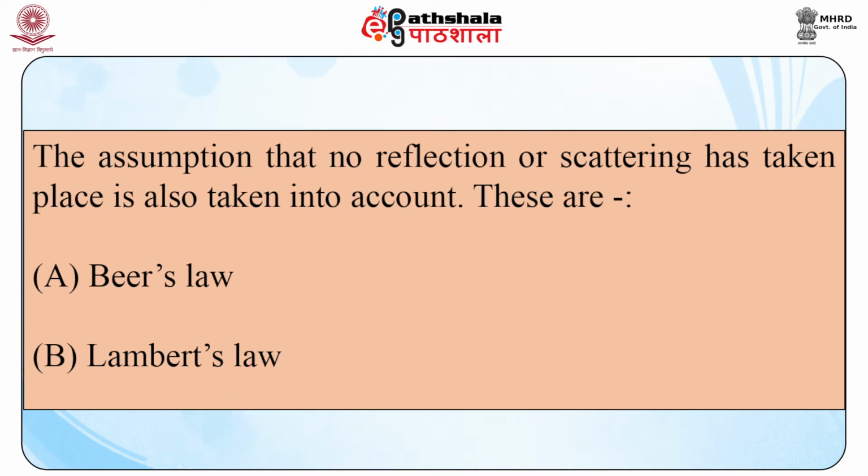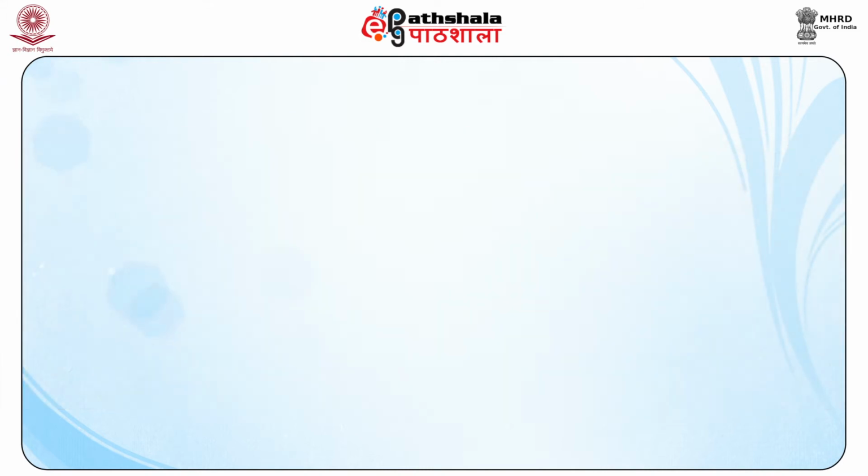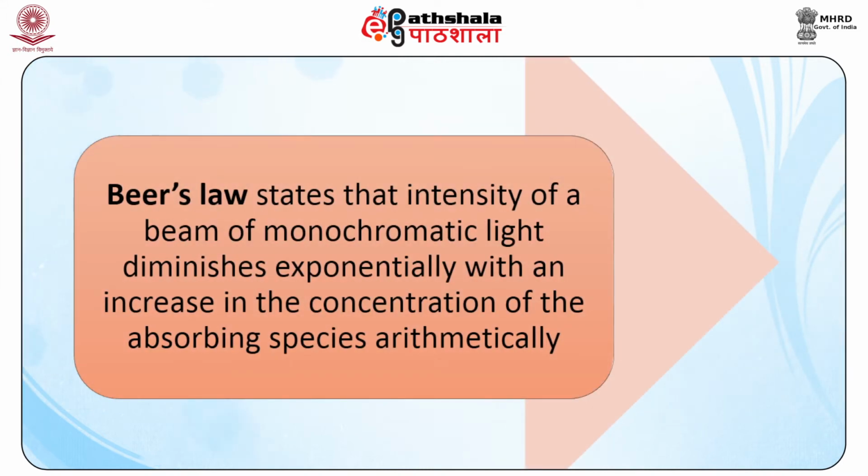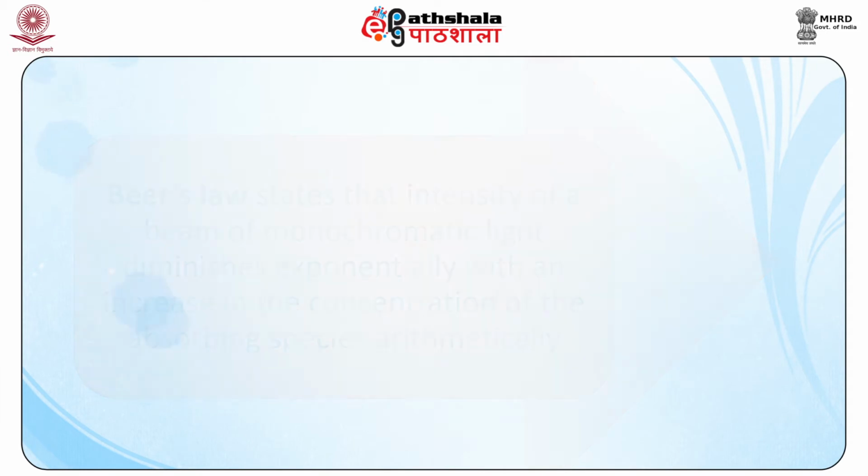The two laws are namely, first is Beer's law and the second is Lambert's law. Beer's law states that the intensity of a beam of monochromatic light diminishes exponentially with an increase in the concentration of the absorbing species arithmetically.